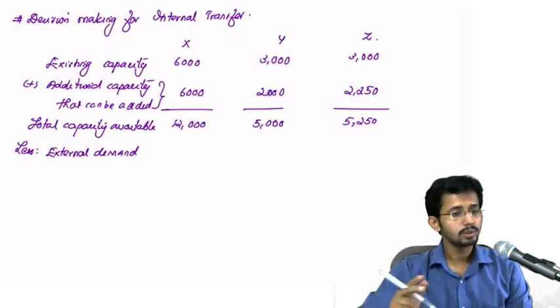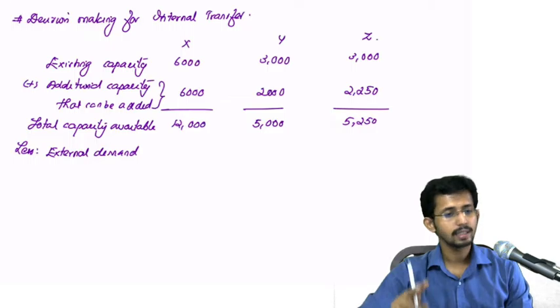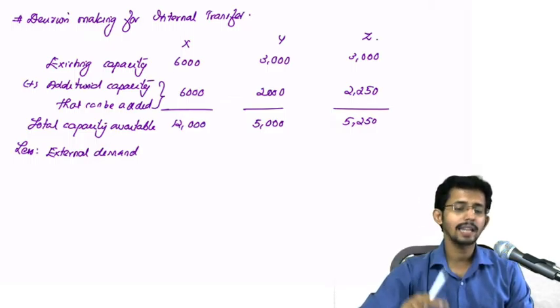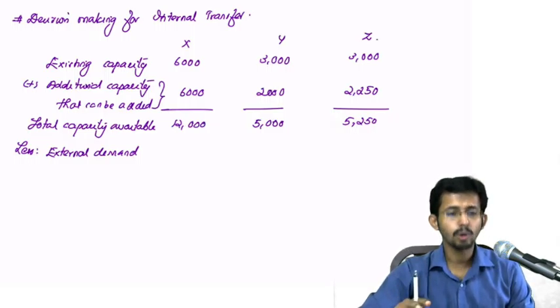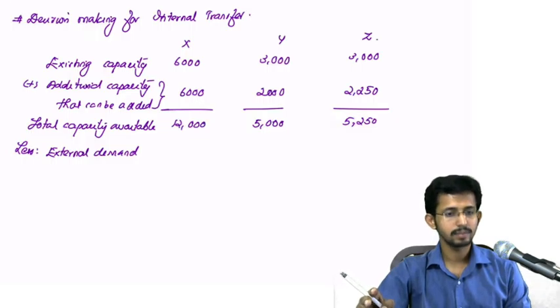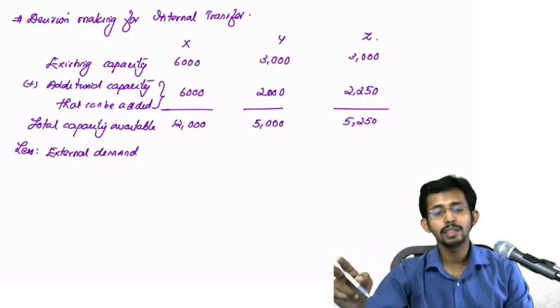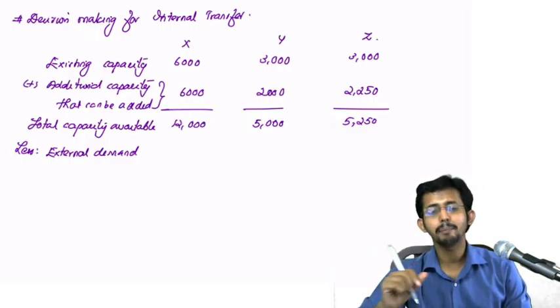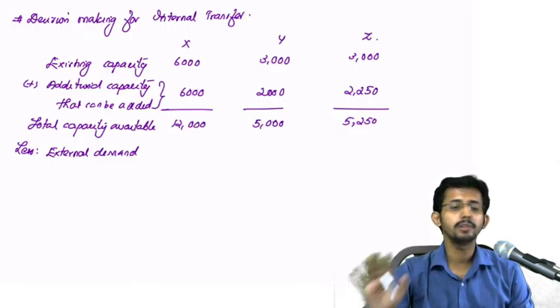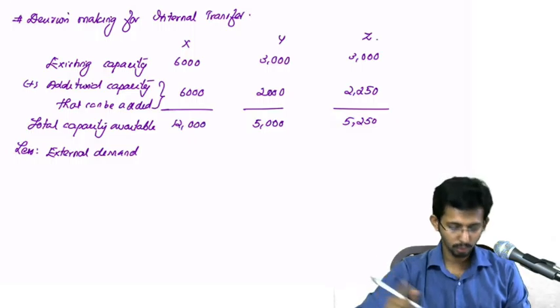Now though in case of division X, both transfer to division Z and external sales give same contribution per unit, in case of transfer to division Z, it is subject to the decision of division Z also. So there is an ambiguity. But in the case of external demand, it is confirmed. They can sell.